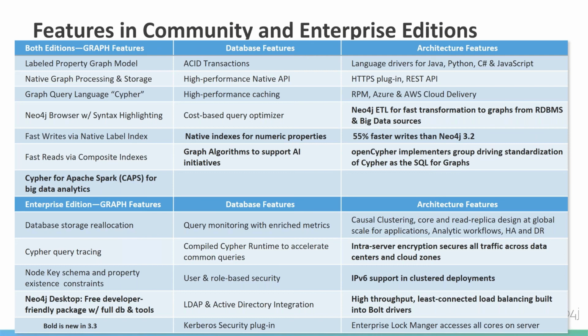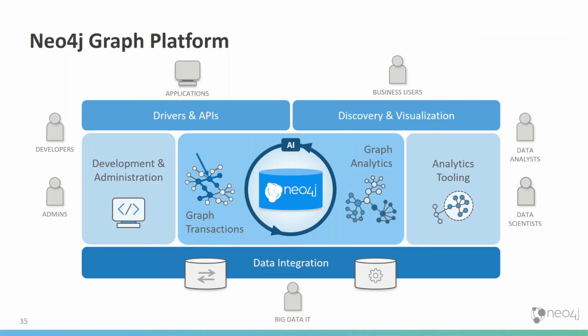Those are all Community Edition oriented features. Enterprise Edition features include desktop, as I said, server encryption, IPv6 support, and least connected load balancing within the Bolt drivers. Those are primarily the things we've added exclusively for Enterprise Edition. So there you are, the layout of the graph platform itself.